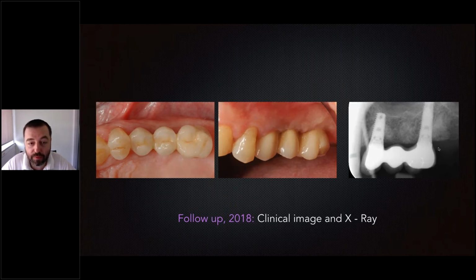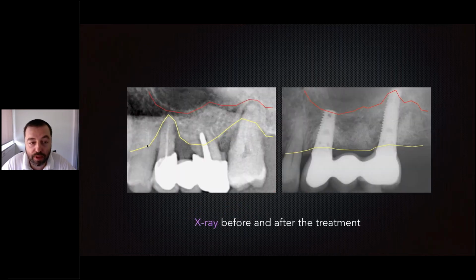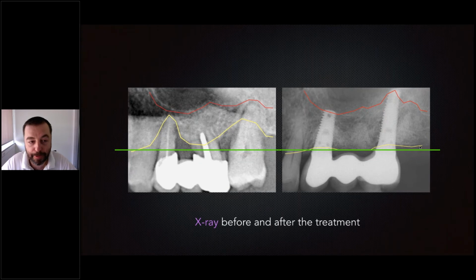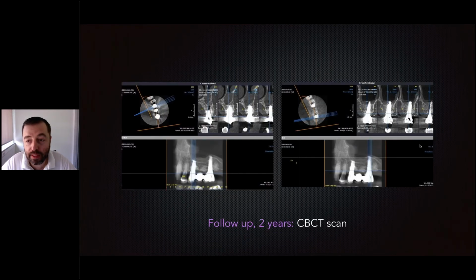And now the comparison and how it looked like, the bone level before the treatment and the bone level that we got after the treatment, and that the same level of the bone remained after 4 years with this biological concept. And the CBCT scan, such as you can see how we did the internal sinus lifting here.